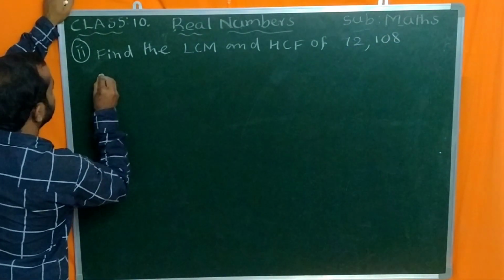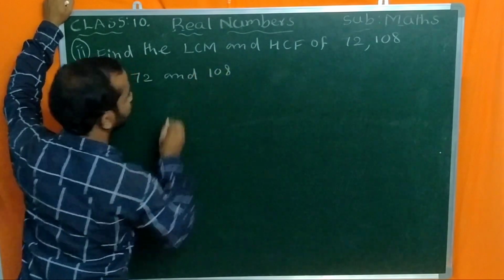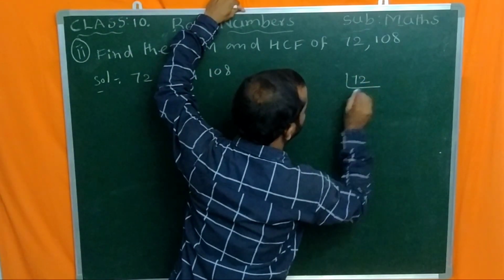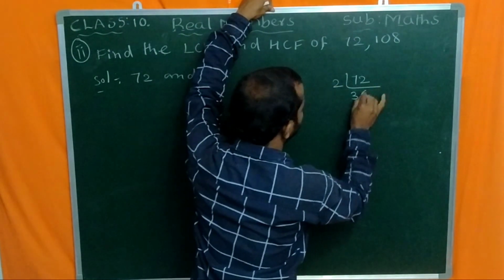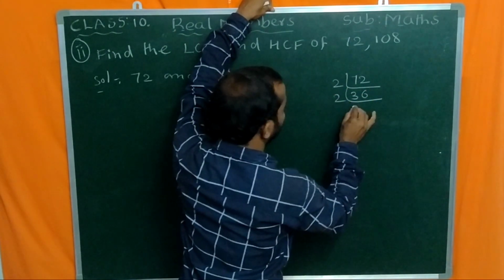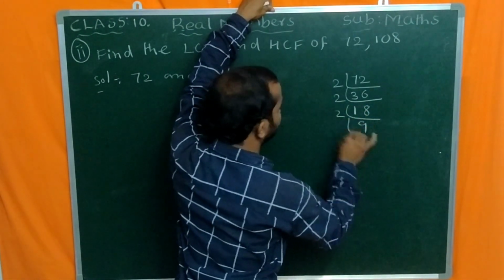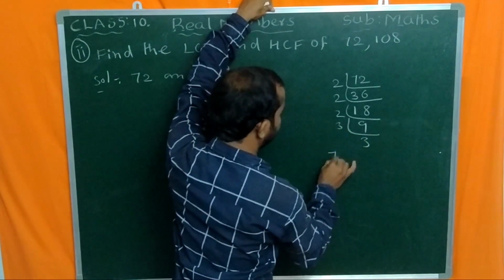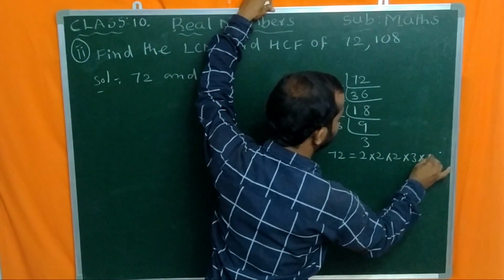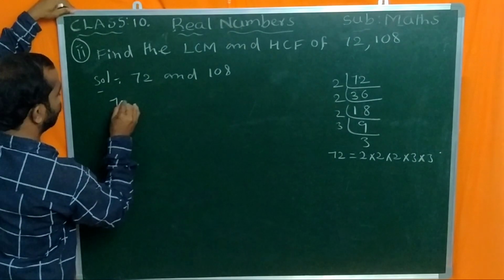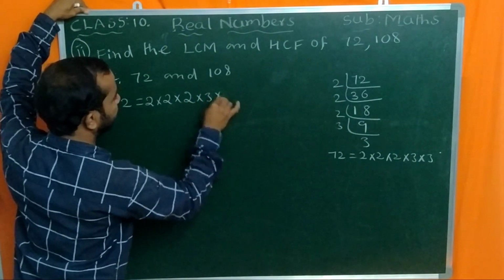First, 72 can be written in prime factors: 72 equals 2 into 2 into 2 into 3 into 3.